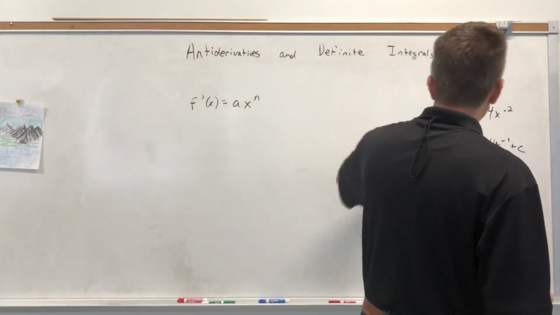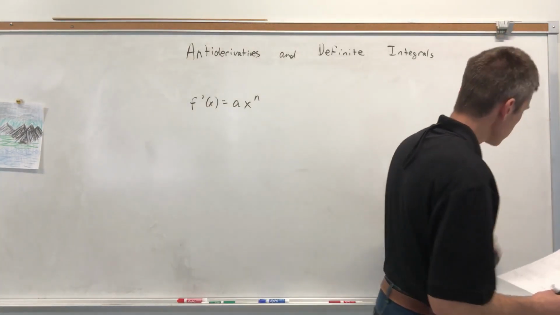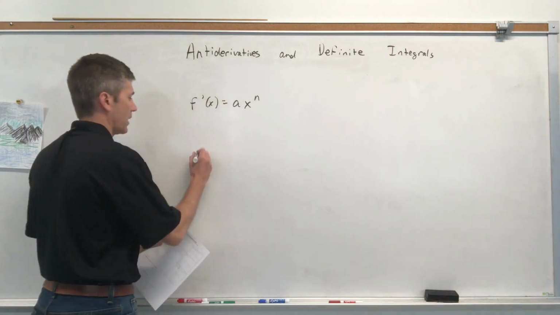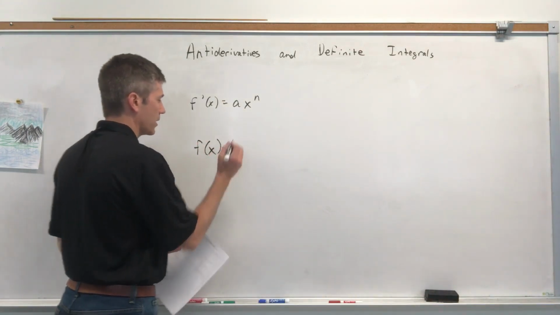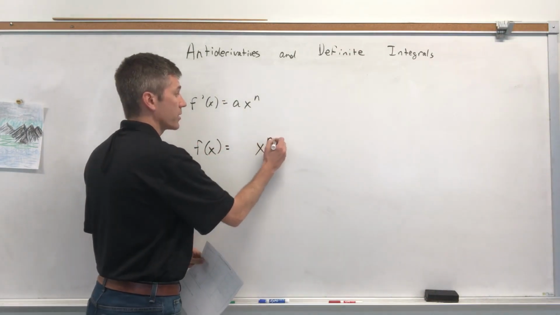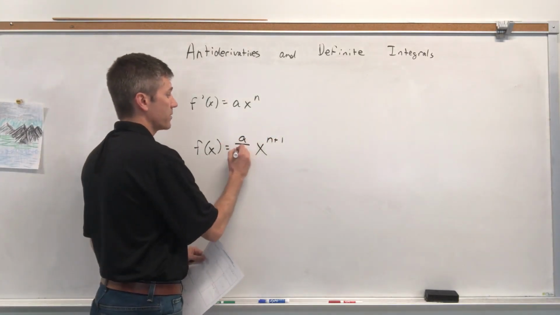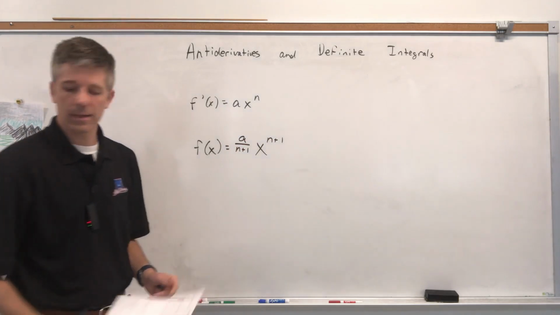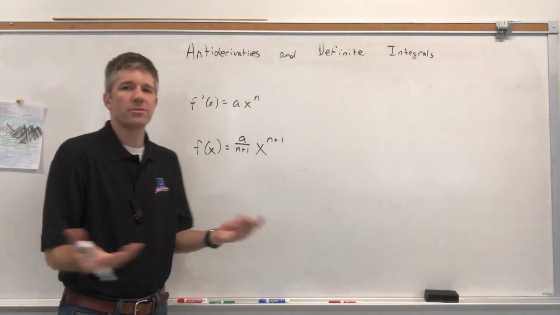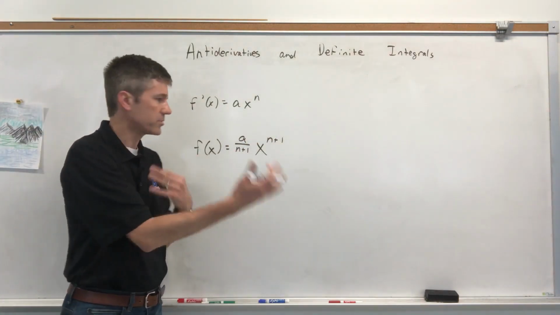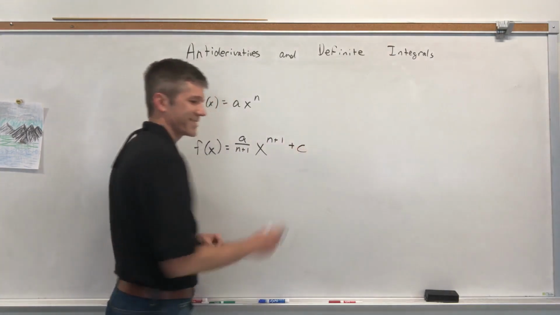Basically, a and n are constants. Then, here we go. Add 1 to your exponent. And then, old coefficient divided by new exponent. And it seems like, oh, I have to memorize all that stuff. You just memorized it by doing all those problems. You know this. Plus c, right?